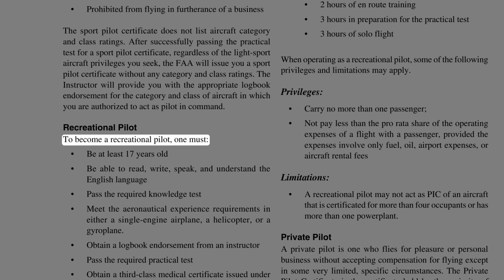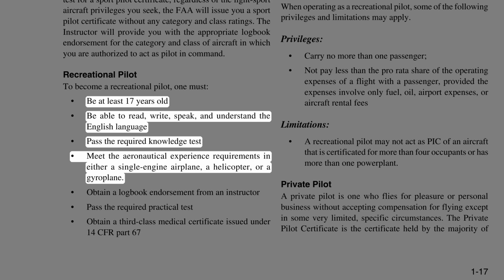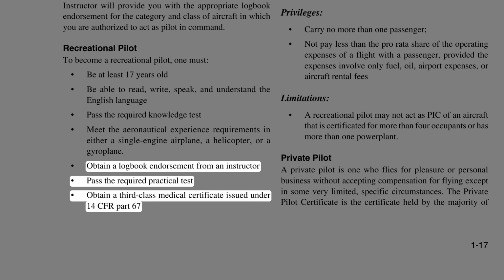Recreational pilot. To become a recreational pilot, one must be at least 17 years old, be able to read, write, speak, and understand the English language, and pass the required knowledge test. Meet the aeronautical experience requirements in either a single-engine airplane, a helicopter, or a gyroplane. Obtain a logbook endorsement from an instructor, and pass the required practical test.